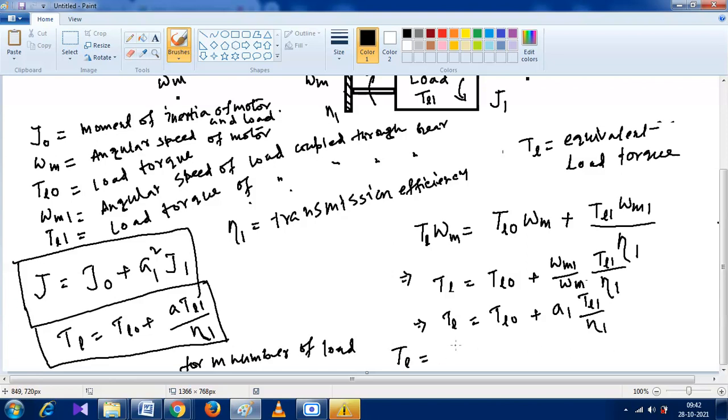TL is equal to TL0 plus A1 TL1 by eta 1 plus A2 TL2 by eta 2, and so on up to An TLn by eta n. You can write it like this for m number of systems.